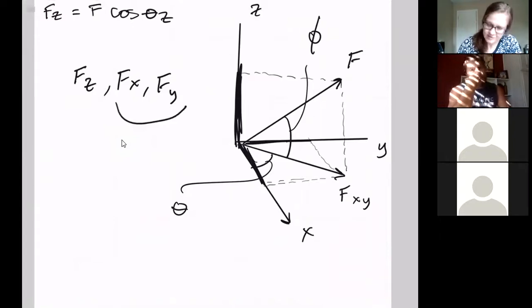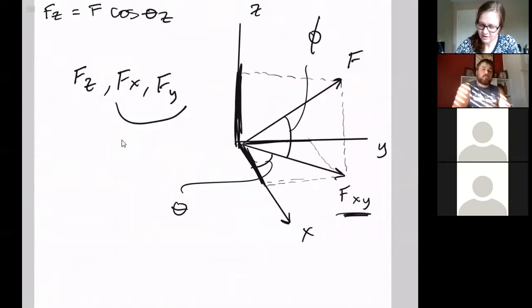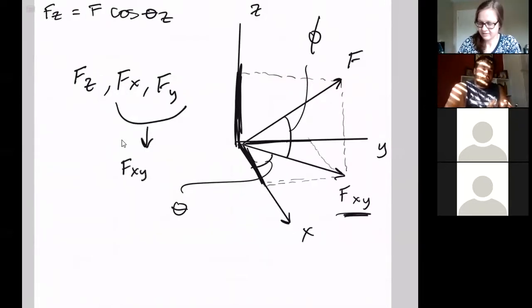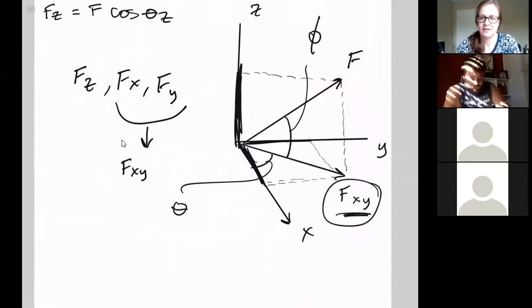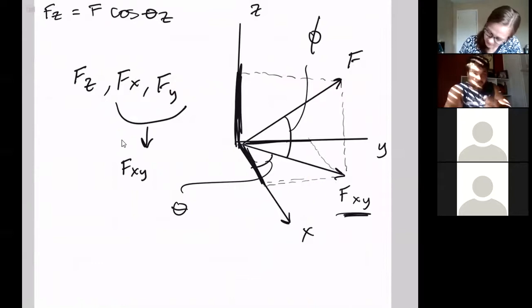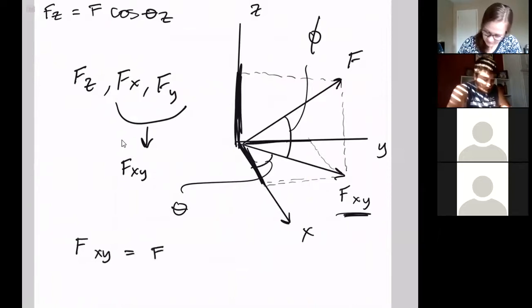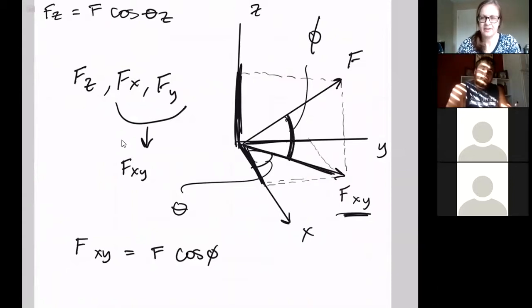But as you can probably imagine by the name of this force vector here, these are both related to F of xy, which is this force in the plane xy. And F of xy equals the force cosine of phi. So this angle on the cosine side, fairly straightforward.